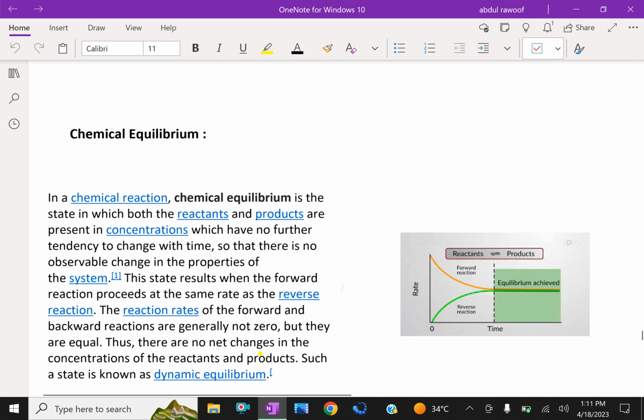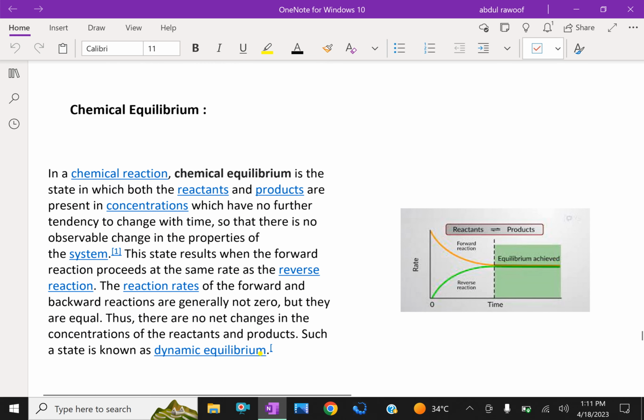Next is chemical equilibrium. If you open a bottle of rubbing alcohol, you can smell the alcohol. Some molecules of alcohol have escaped into the gas phase. When you put the cap back on, equilibrium is quickly reached.